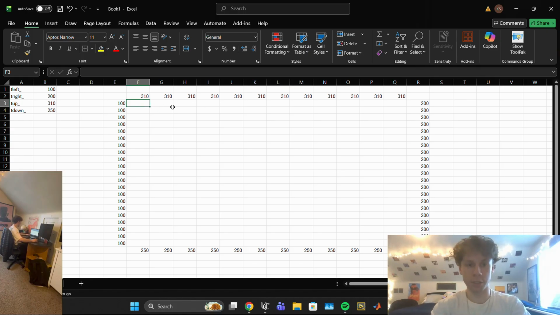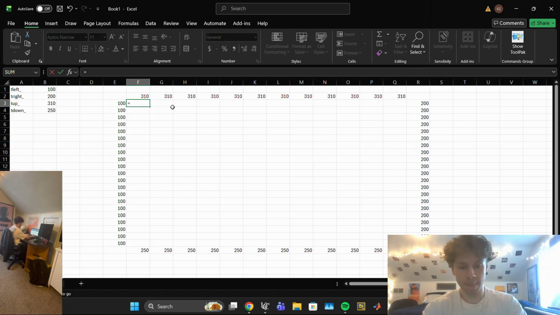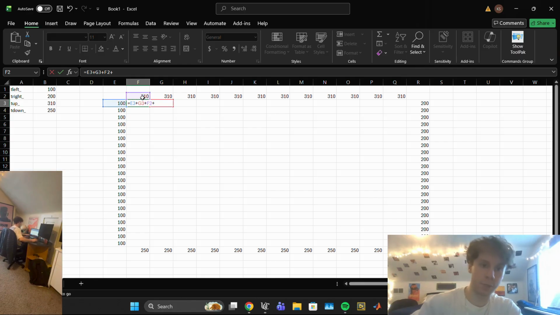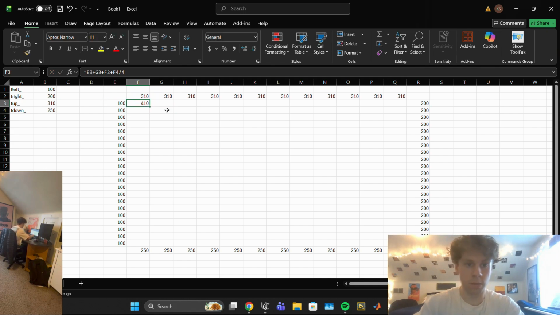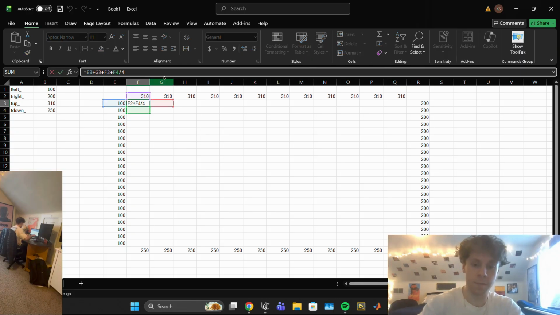So if we plug in our equation, we said that the temperature of a square will be equal to the temperature of the left plus the temperature of the right plus the temperature of the above plus the temperature of the below, all divided by 4. And let me put parentheses in here.